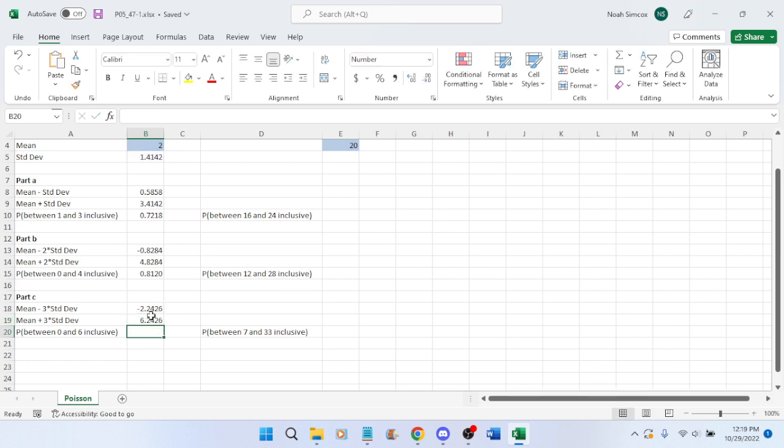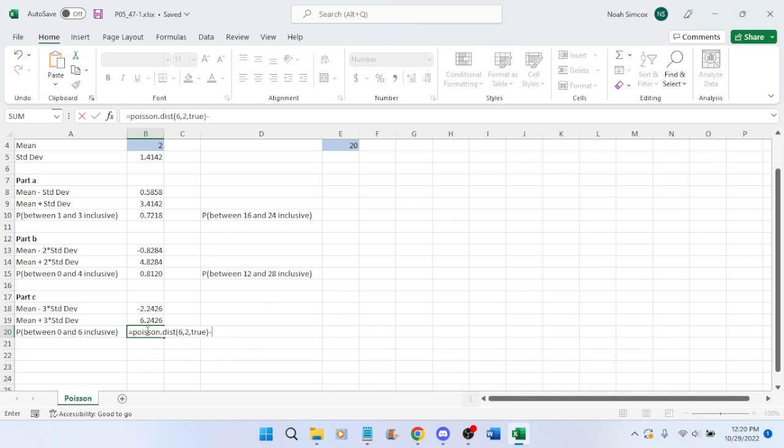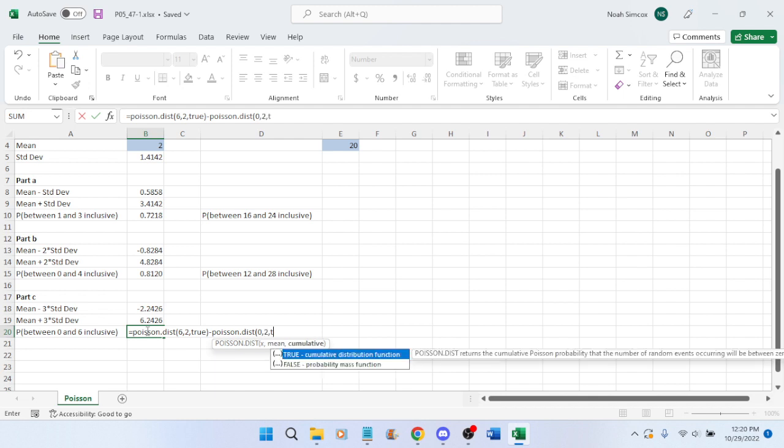They rounded down there. Equals times 6, 2 minus 2 times this.